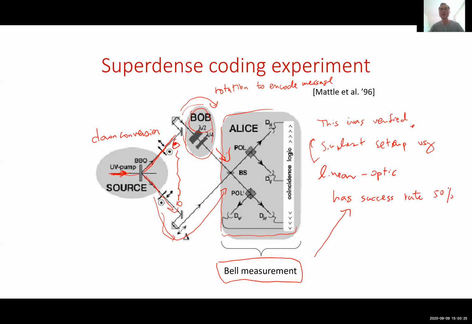So meaning that you can actually extract only two messages. So there's a drawback of using this linear optics setup.